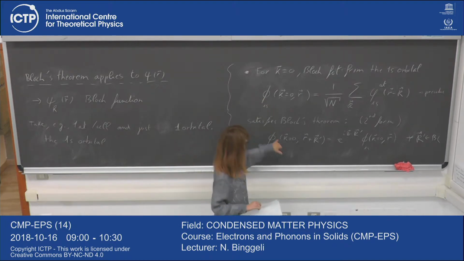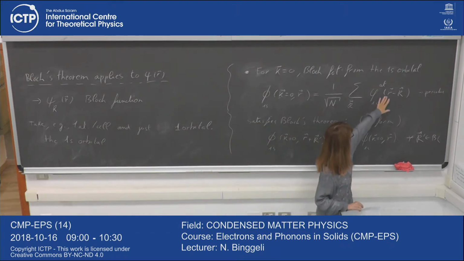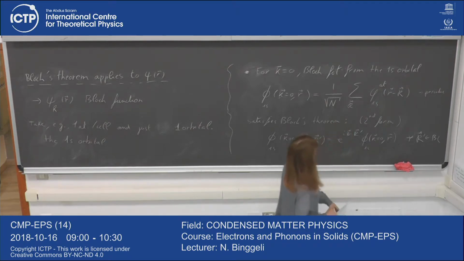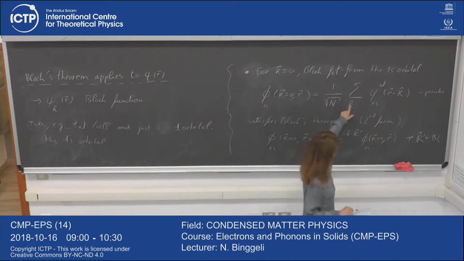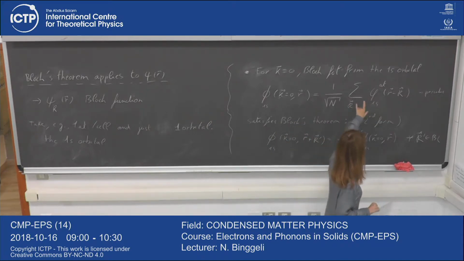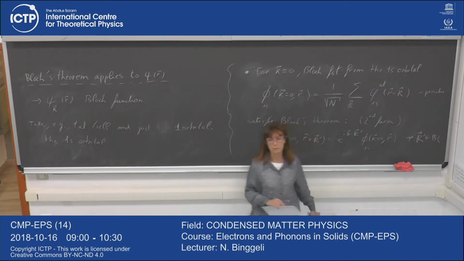So in the specific case of k equal to 0, my function here verifies it. If I translate here by R prime, I can resum over R second prime, that would be R minus R prime, and I would obtain the same object.